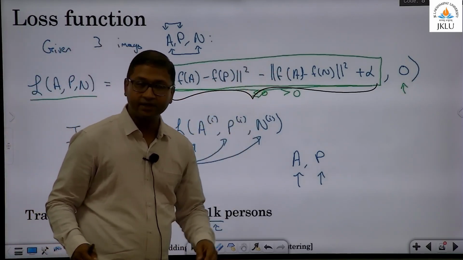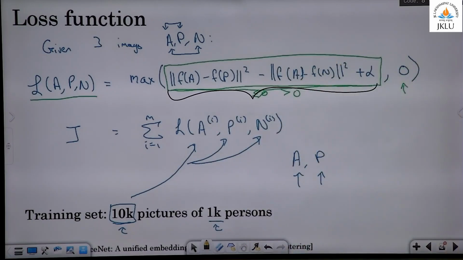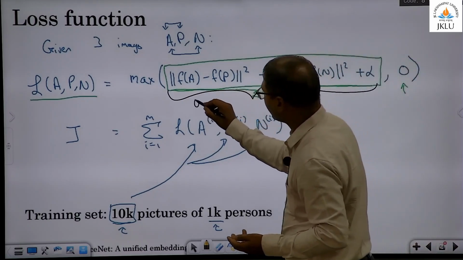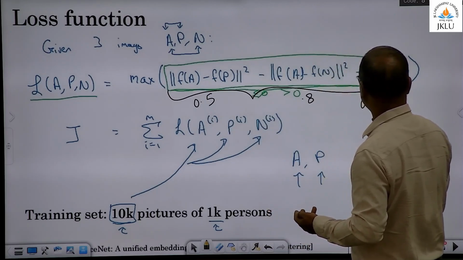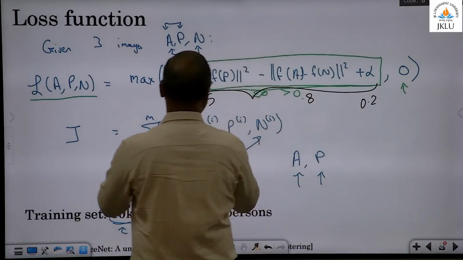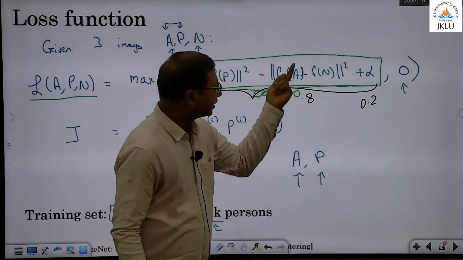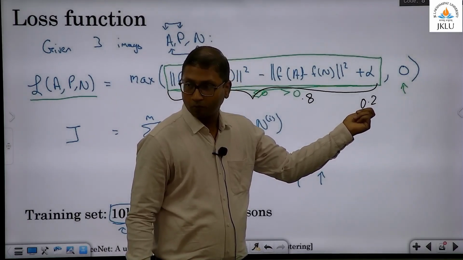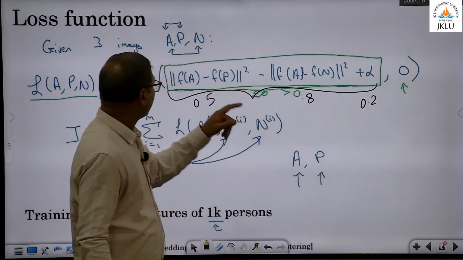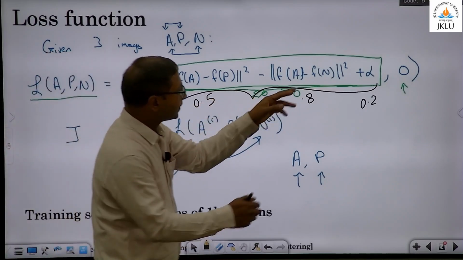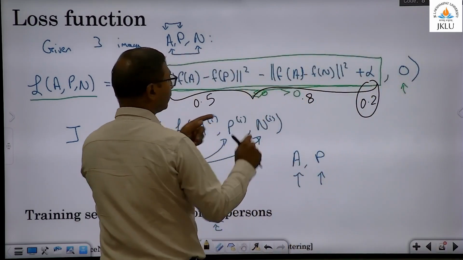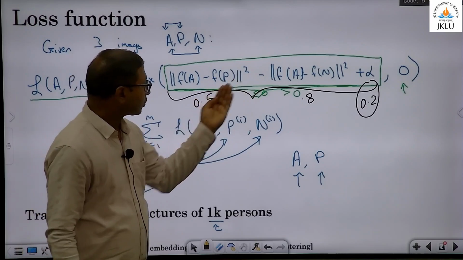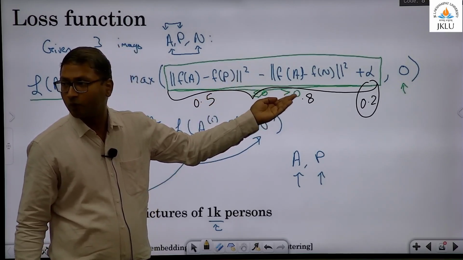If this is negative, then you already have the separation that you wanted, right? So for example, if this is 0.5, if this is 0.8, and let's say your alpha is 0.2, so 0.5 minus 0.8 gives you minus 0.3, this gives you minus 0.1, right? So basically if your alpha is 0.2, this means you want a separation of minus 0.2 here, which is already there because you have a separation of minus 0.3.